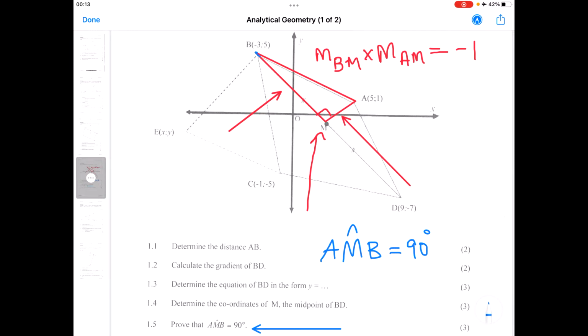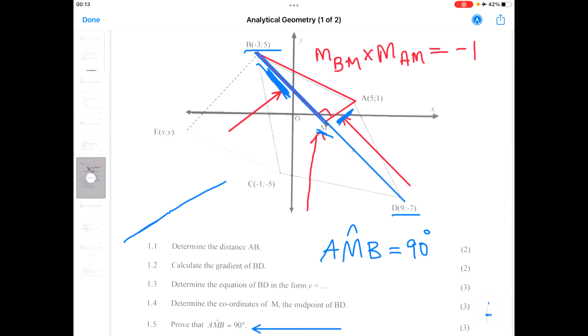Remember, the gradient of BM is the same as the gradient of BD, because BM and MD are collinear, meaning it's just the same line being extended. So you won't need to worry that much to calculate the gradient of that line. You already know it.